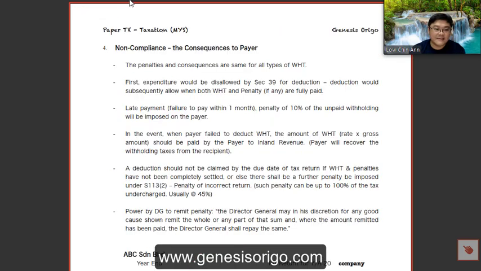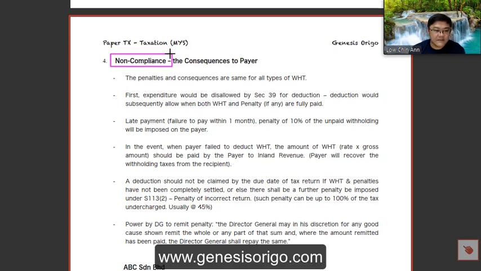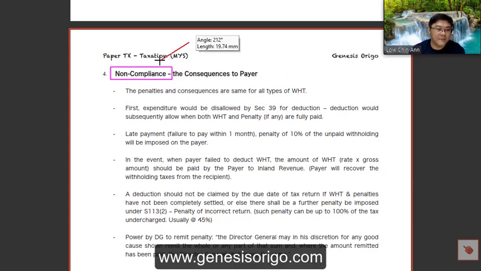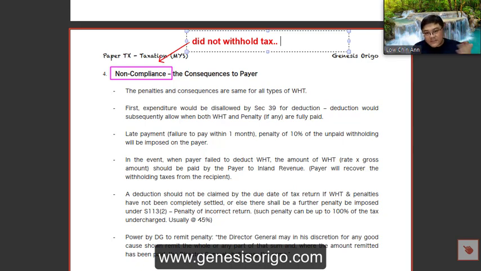So let's start with non-compliance. What exactly is non-compliance? Non-compliance can simply mean that you did not withhold the tax at all, okay? It doesn't matter whether you did it purposely or you just didn't know.